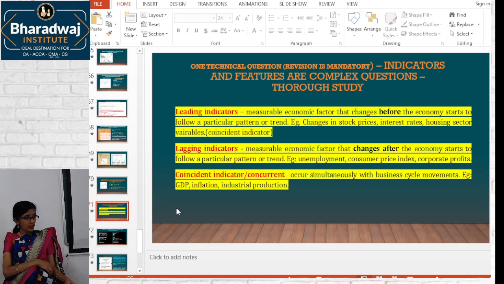Second one, 1 to 5 years. Third one, 5 to 10 years. Fourth one, 10 to 15 years.